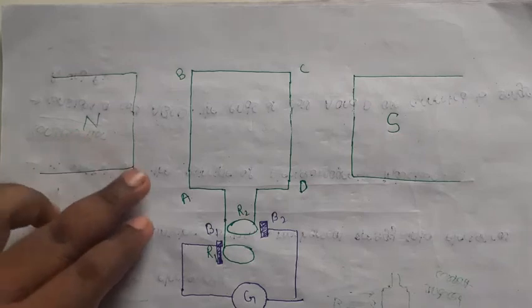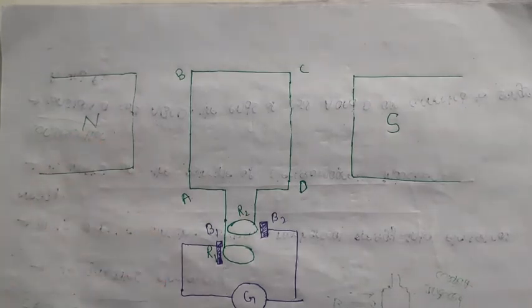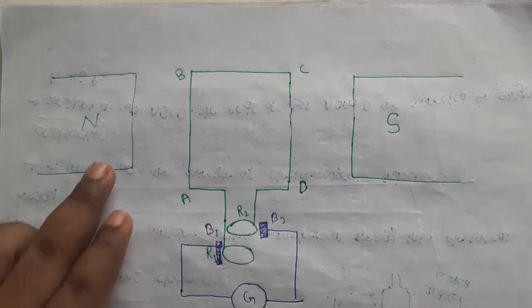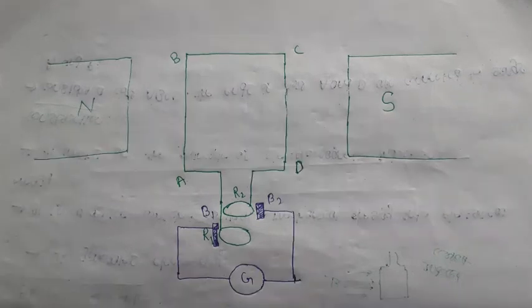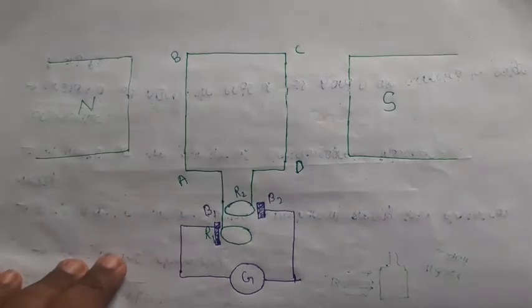These two are the poles of the magnet that we are using for the external magnetic field. The magnetic field lines pass from the north pole to the south pole of the magnet. Here we are using a horseshoe magnet because it produces a large magnetic field. This is the construction of the electric generator.